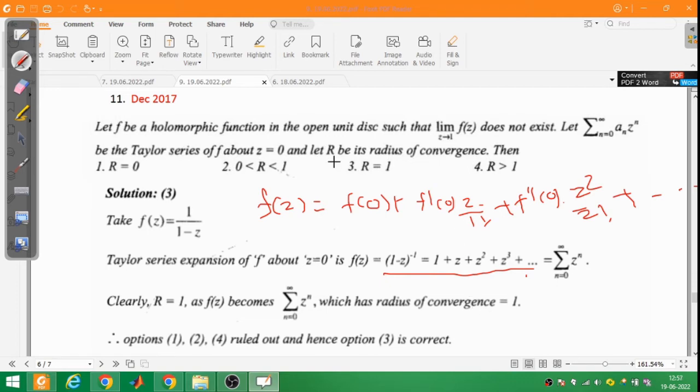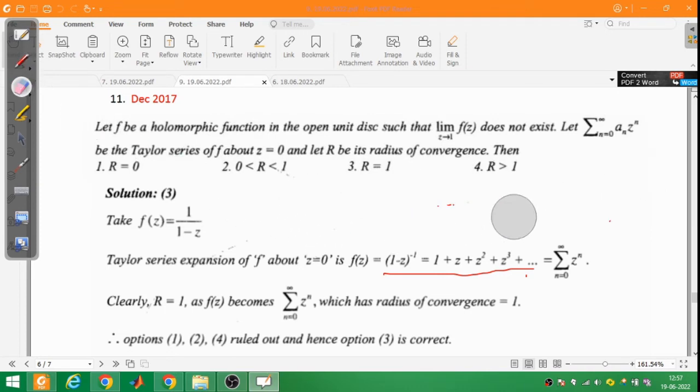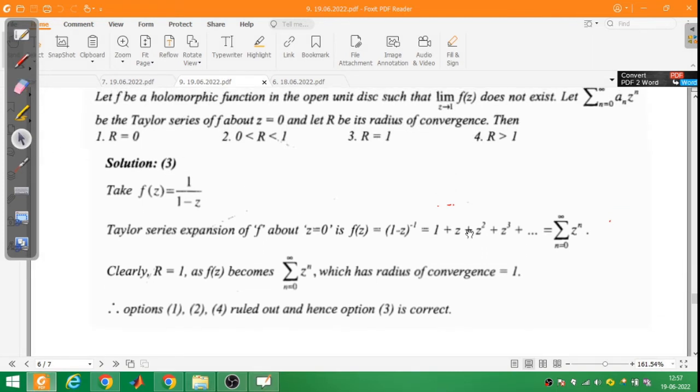Yes, sir. Okay. Next, we want to find the radius of convergence of our Taylor series about z equal to 0. Clearly we say r equal to 1 because a n equals 1, and a n plus 1, limit n tends to infinity. Again we apply the formula, and we get radius of convergence is 1. Are you clear, ma?